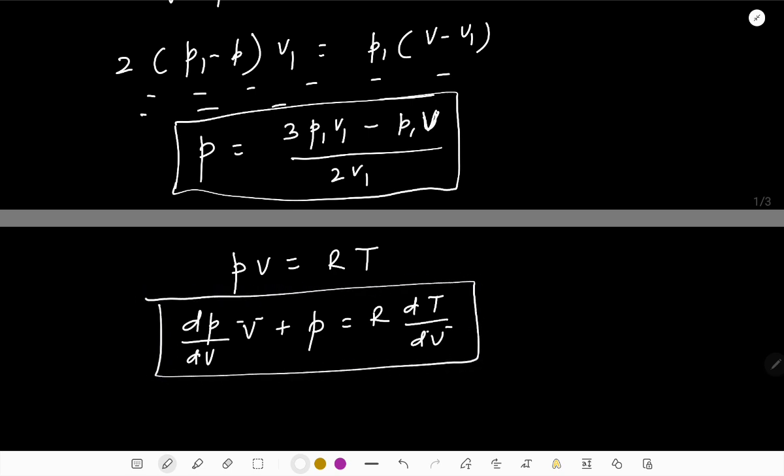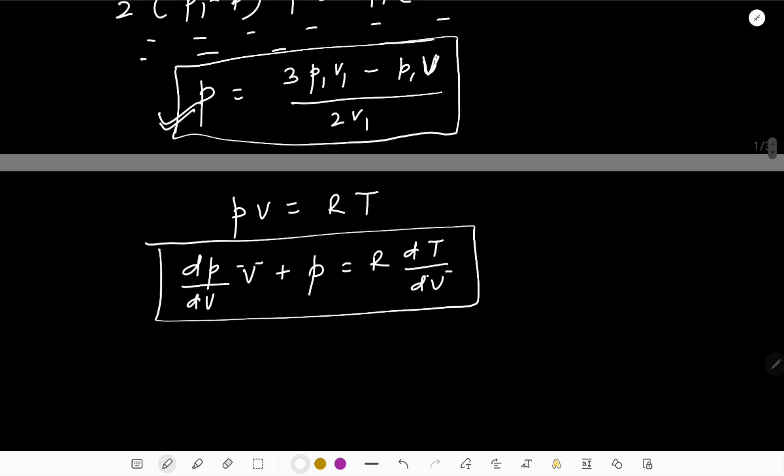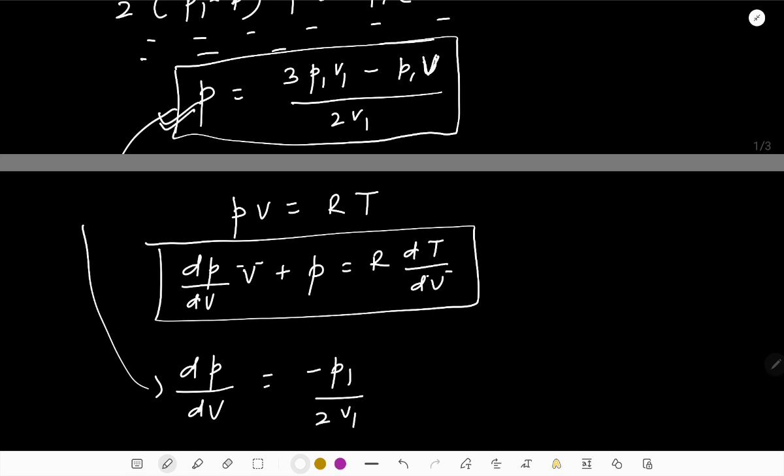From now I can find dP by dV from this equation. This dP upon dV, from this equation, becomes something like: P, the first term, will become simply minus P1 by 2V1, because the first term is 3P1V1 by 2V1, that is a constant, and the next term is minus P1 V by 2V1.